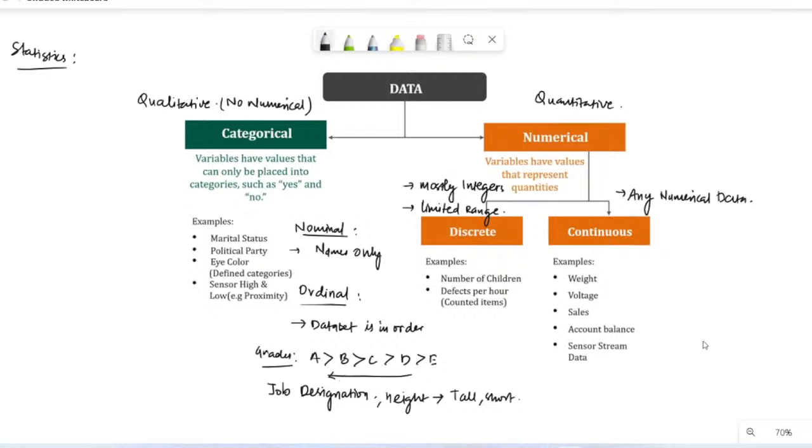There is one more category we have to discuss, and that is called dichotomous. What is this dichotomous all about? Yes, feedback: average, good, excellent. These could also be there.